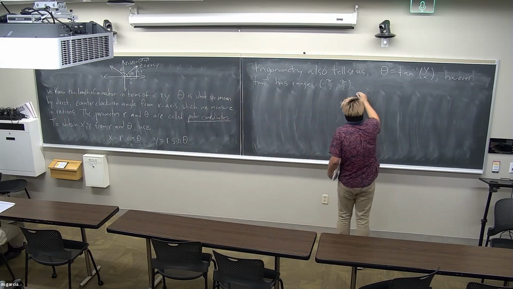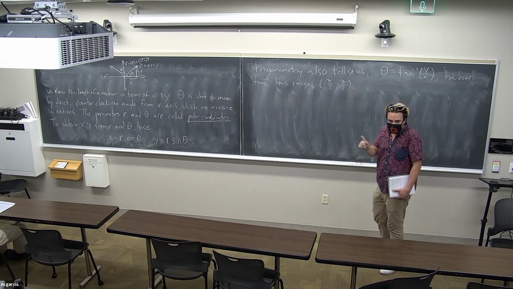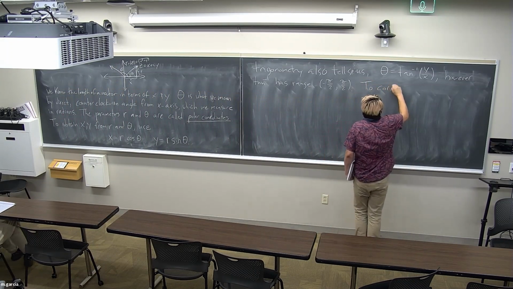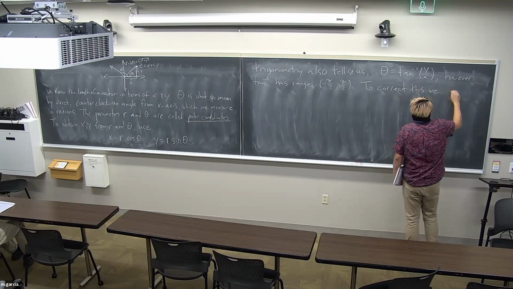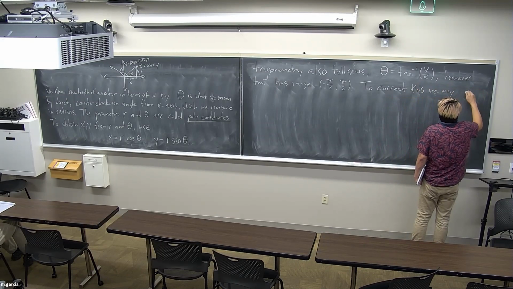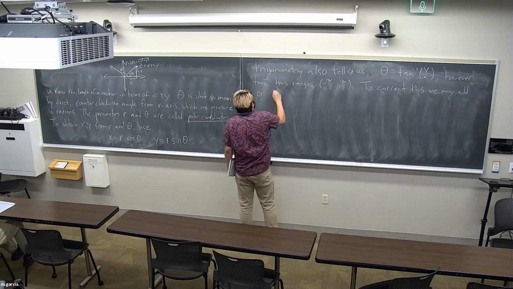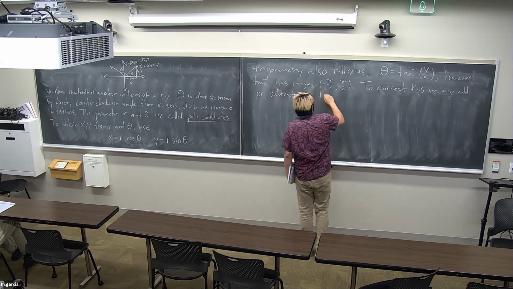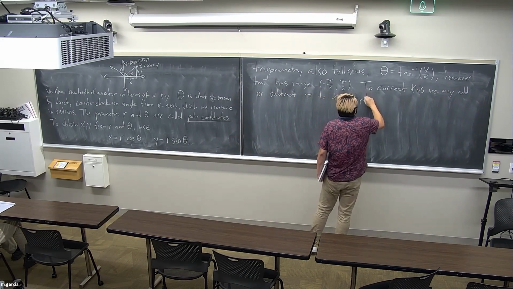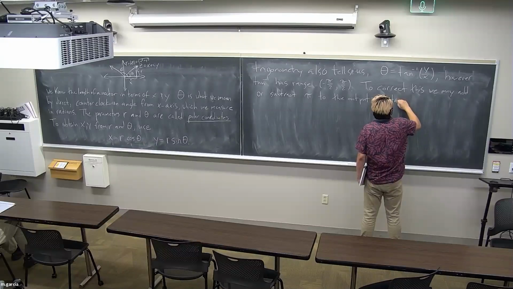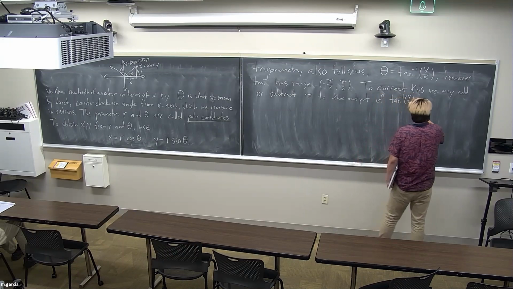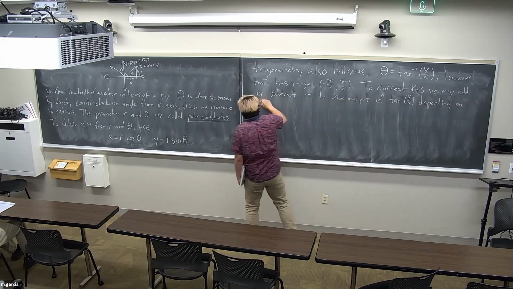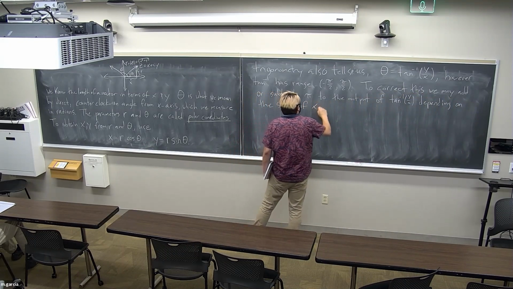Okay. So, in fact, that's what we'll actually do in practice. But let's be more precise. So I'll write this down. To correct this, we may add or subtract pi to the output of inverse tangent of y over x, depending on the signs of x and y.